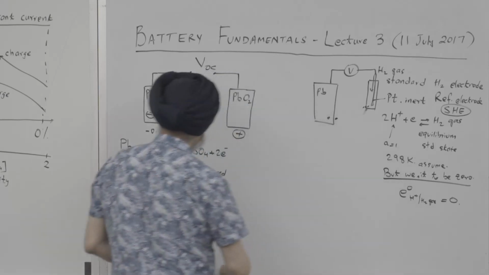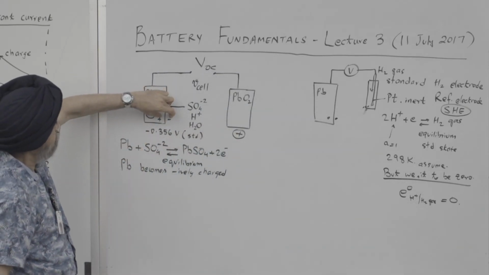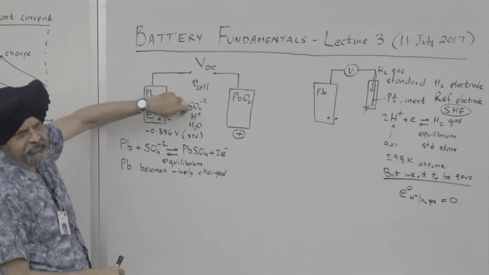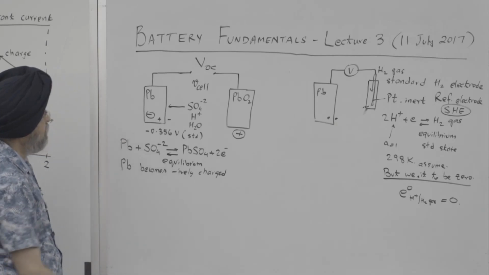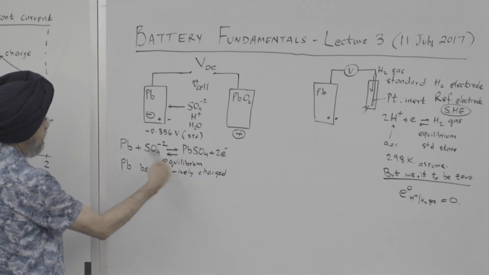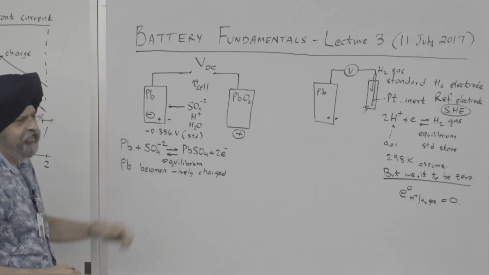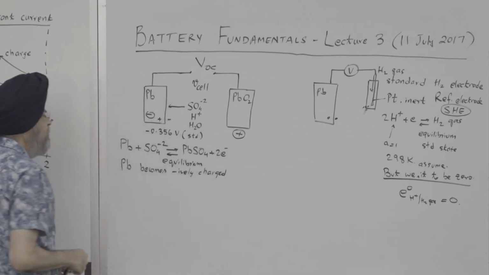And it turns out that this voltage, yeah, we know it's not this voltage, but between this and a standard hydrogen cell is minus 0.356 volts under standard conditions. And this reaction goes back and forth, and it has a rate to it. In other words, we are going in that direction, coming back in this direction.